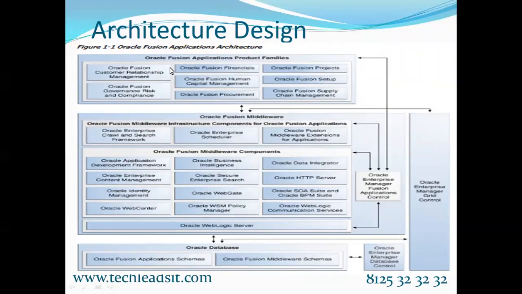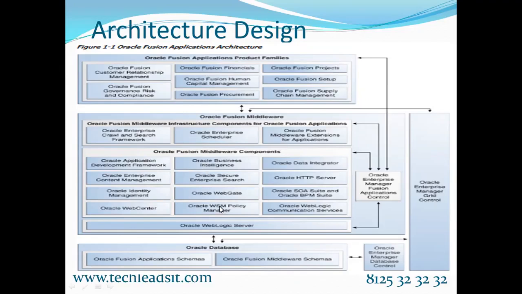For example, Oracle Fusion application product families are the various products offered by Oracle, like Oracle Fusion Supply Chain Management, Oracle Fusion Procurement, Oracle Fusion Financials, Projects, and so on. So we have n number of products available in the product families.